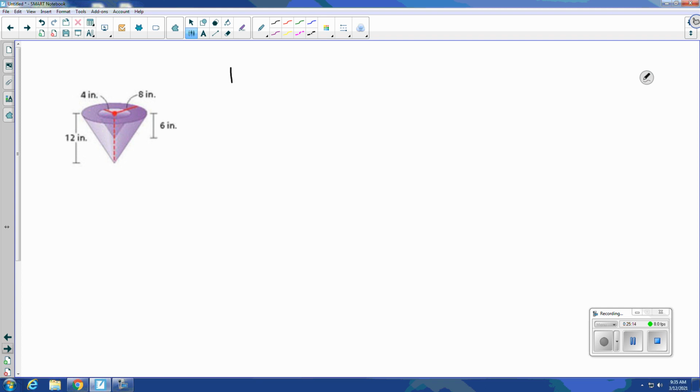Let's go over total surface area. We're going to do total surface area of the big cone. Then we're going to subtract the base of the small cone. Then we're going to add in the lateral surface area of the small cone. Again, we don't need the total surface area because I don't want to count the base. The base is not part of the surface. So I only want the lateral surface area of the cone.